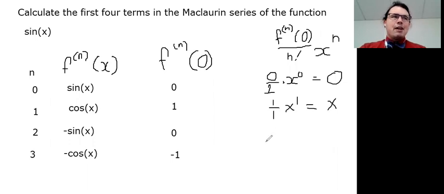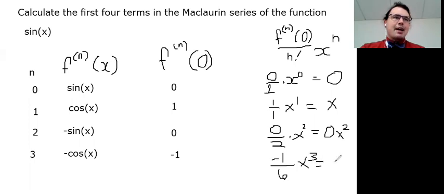For n equals 2, I'll have a numerator of 0 and a denominator of 2 factorial, which is just the number 2, all times x squared. So my quadratic term is going to be 0x squared. And finally, for n equals 3, my numerator is minus 1. My denominator is 3 factorial, which is the same as the number 6.